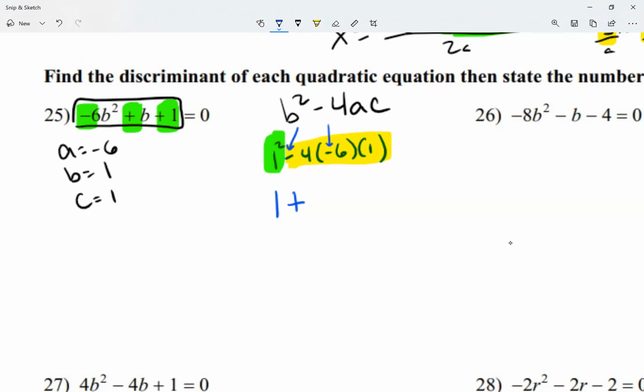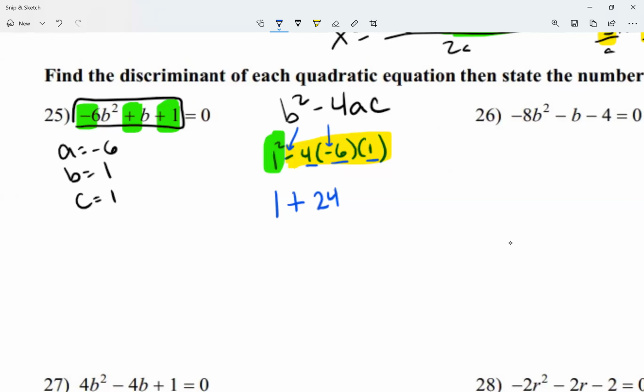If the amount of negatives is an odd amount, so let's say I had 3 negative signs, my sign will be minus. Let me say that again: if the amount of negatives is even, write it as a plus. If the amount of negatives is odd, write it as a minus. And then let me multiply my numbers. 4 times 6 times 1. I know 4 times 6 is 24, and 24 times 1 is still 24.